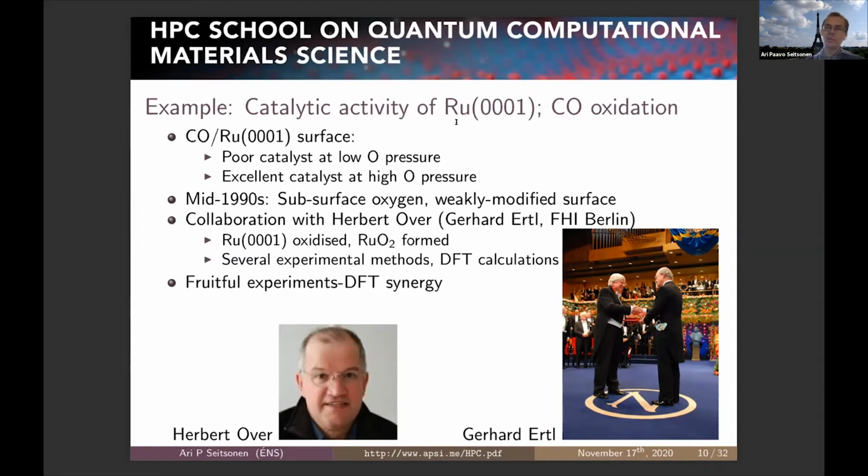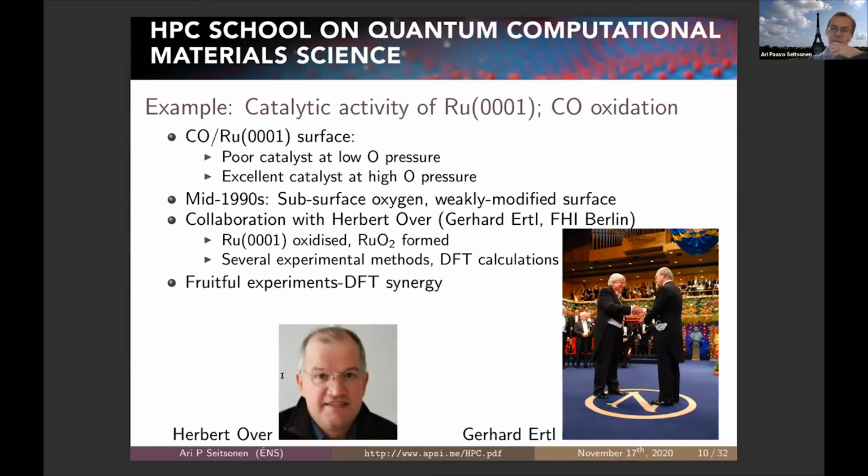What was known about CO oxidation, the catalytic oxidation on ruthenium, in the mid-90s was that it was a poor catalyst at low oxygen pressure around the surface, but it turned into an excellent catalyst at high oxygen pressure. The origin was not known at the time when I was in Berlin.